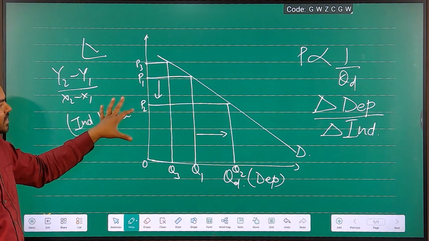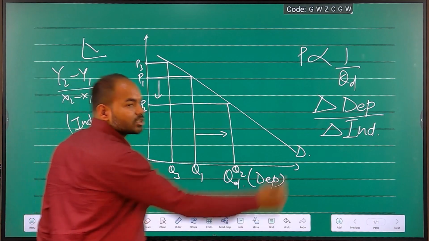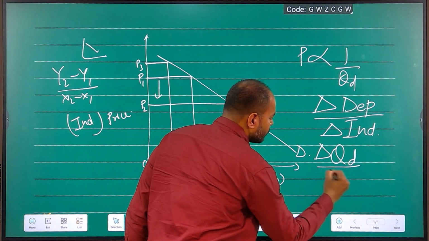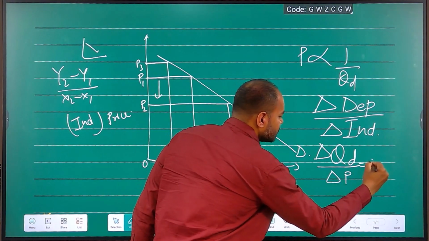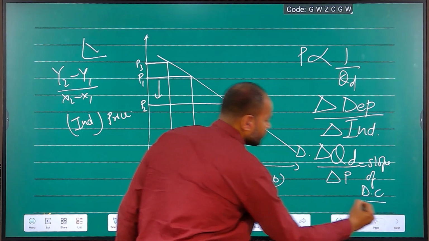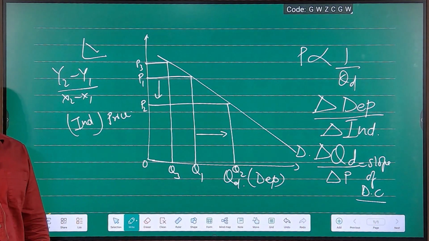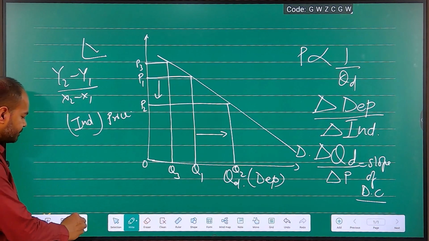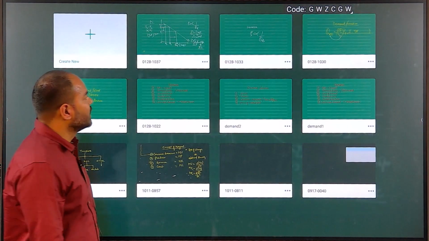Here we have price as an independent variable. So the slope can be written as change in quantity demanded upon change in price. This is the slope of the demand curve, delta QD upon delta P. Okay, this is all about the demand curve.